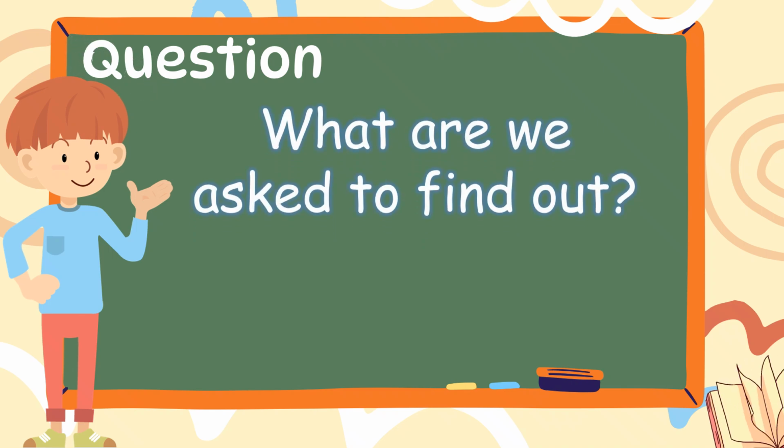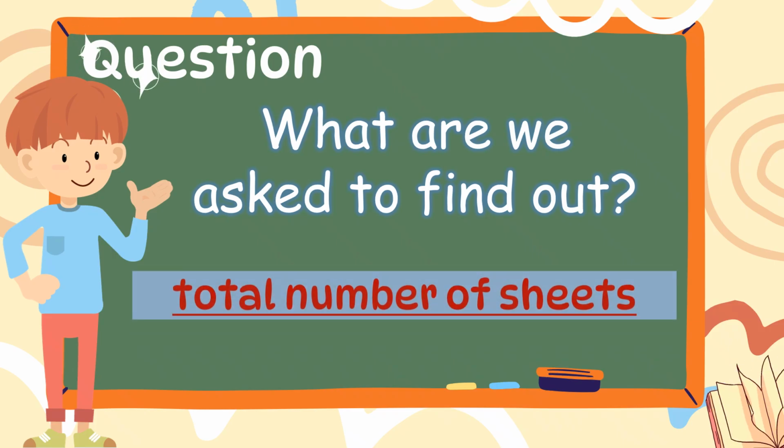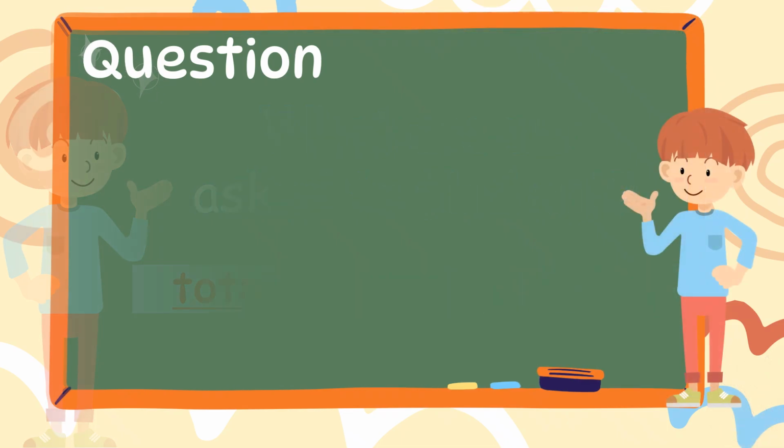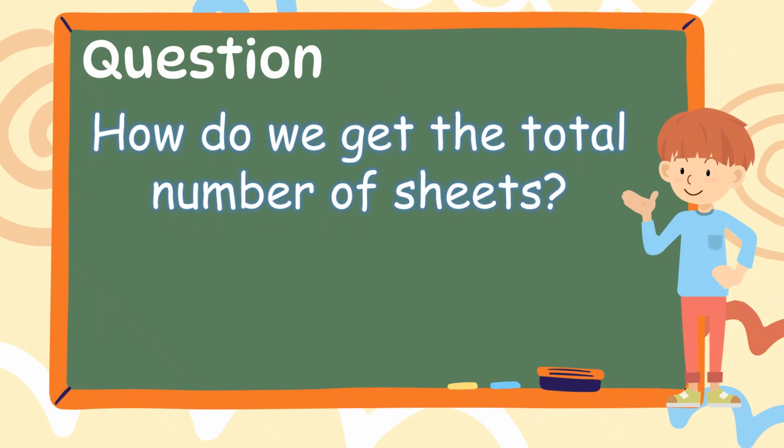What are we asked to find out? Again, what are we asked to find out? Okay, we are asked to find the total number of sheets. So how do we get the total number of sheets?